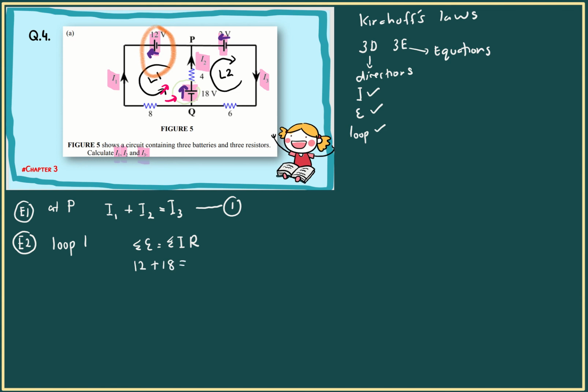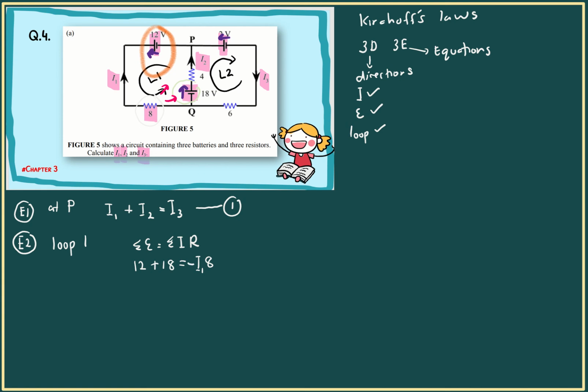And we have 2 resistors. We have the 8 ohm resistor, and the current flowing in the resistor is I1. So I1 times 8, 8I1, and the direction is opposite, so it's negative.